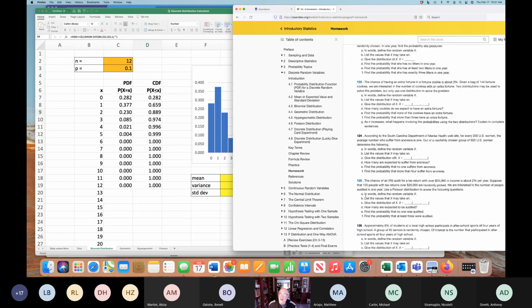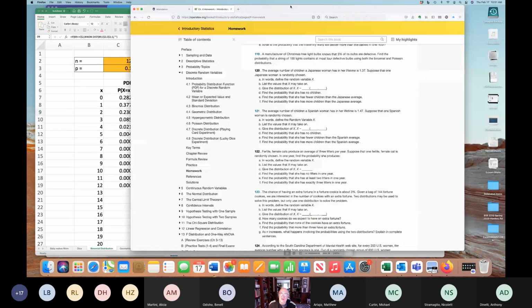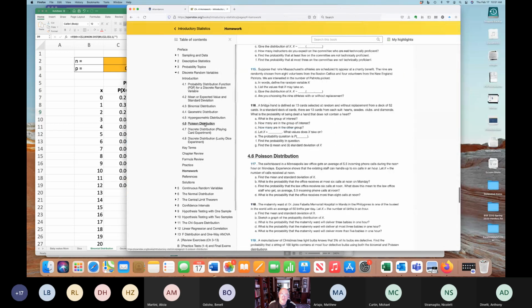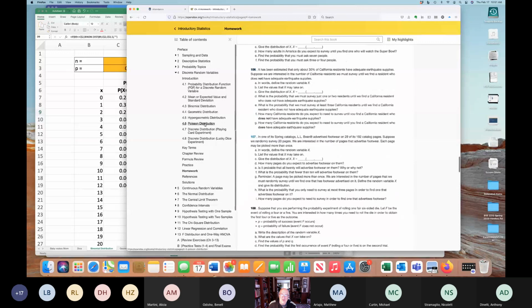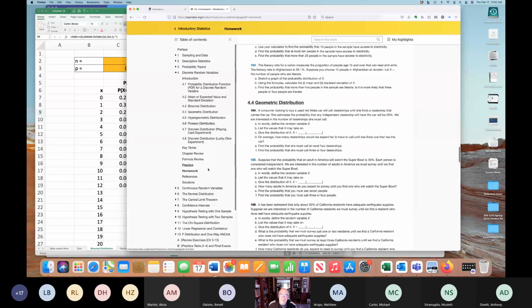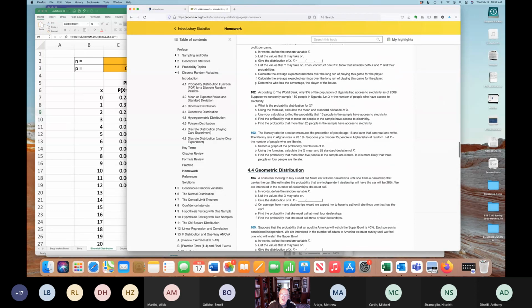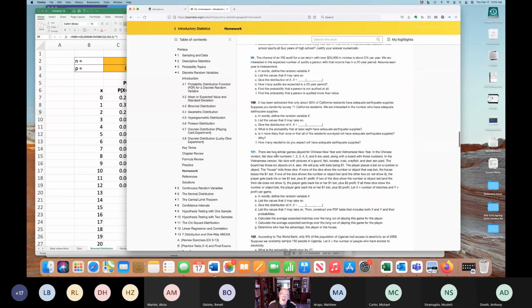So let's look at, well, I guess we'll pick one of each. You already know what kind of distribution it is. That's not fair. It's probably better to have the general problem. Let's do one of each. A customer looking to buy a red Miata will call a dealership until she finds a dealership that carries a car. Okay, so you're already going to know what kind of distribution it is.